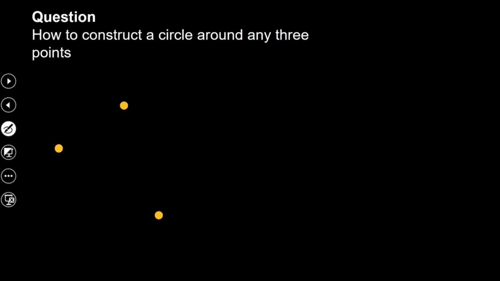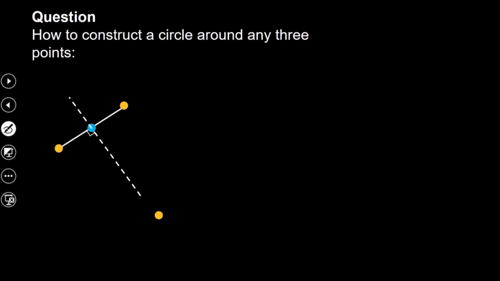So is it possible for me to draw a circle around these 3 points that I have on the board? That's what you need to think about. Remember, collinear is when points lie on the very same straight line. But if they are just everywhere, then we say they are non-collinear, or they are not collinear.